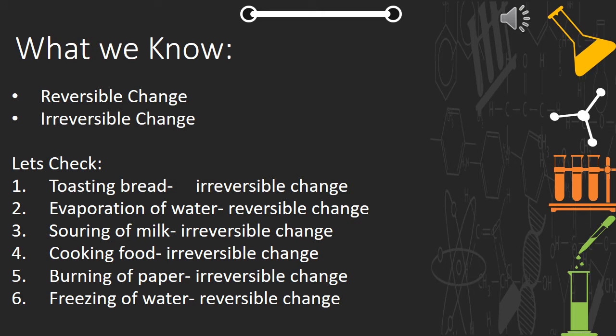Freezing of water is when liquid gets converted to solid, that is ice. And by again changing the condition, if ice has been melted, you get water back. So that is a reversible change. So these are the examples of reversible and irreversible change.